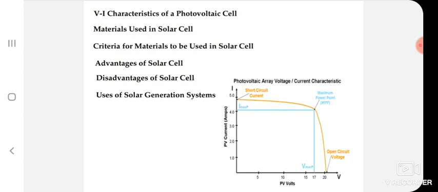It must have high optical absorption. It must have high electrical conductivity. And fourth and most important, the raw material must be available in abundance and the cost of that material must be low. Okay, these are the 4 main criteria.